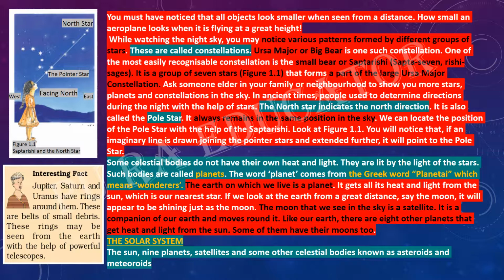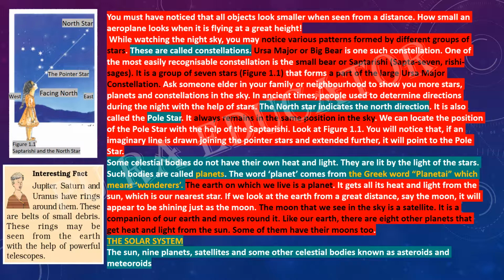Whenever you see an aeroplane flying in the sky, it looks small, while when it is standing on the airport, it is very big. The concept is whenever any object is away from us, it looks smaller, and when it is nearer to us, it appears very big. It is the case with the celestial bodies also.